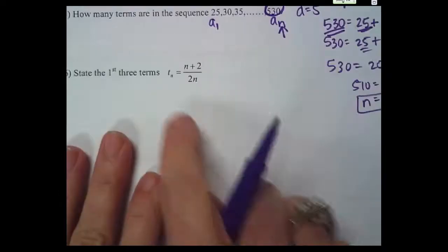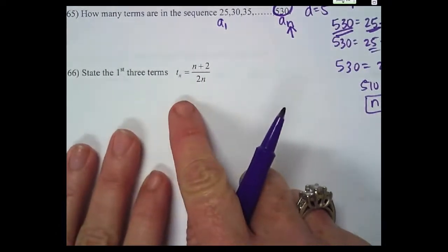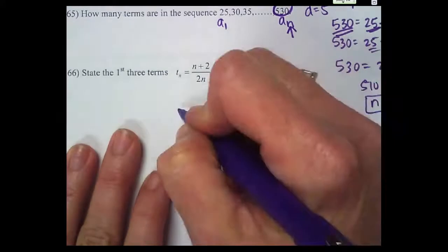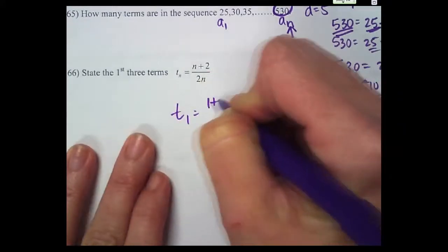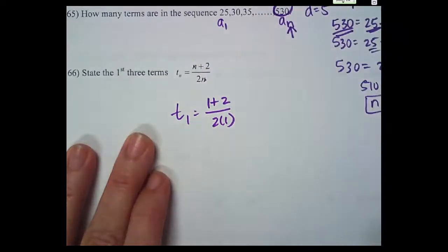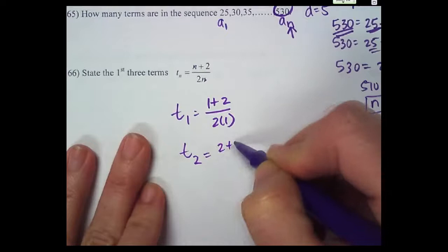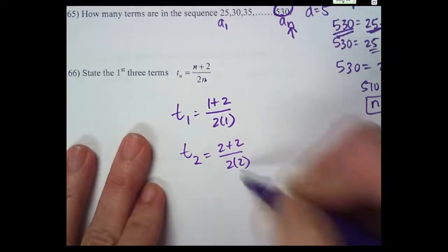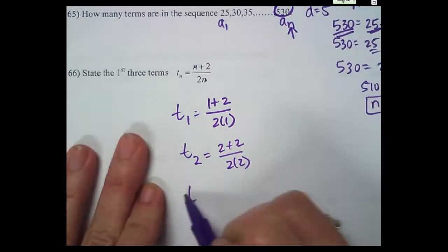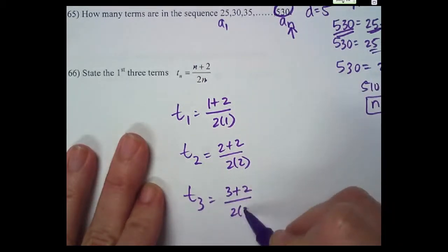Now, number 66. Take the first three terms. That's really easy. You just plug in 1 to find the first term. So t sub 1. 1 plus 2 over 2 times 1. I plugged in 1 into here and here. And to find the second term, I plug in 2. So 2 plus 2 over 2 times 2. And to find the third term, I plug in 3. 3 plus 2 over 2 times 3.